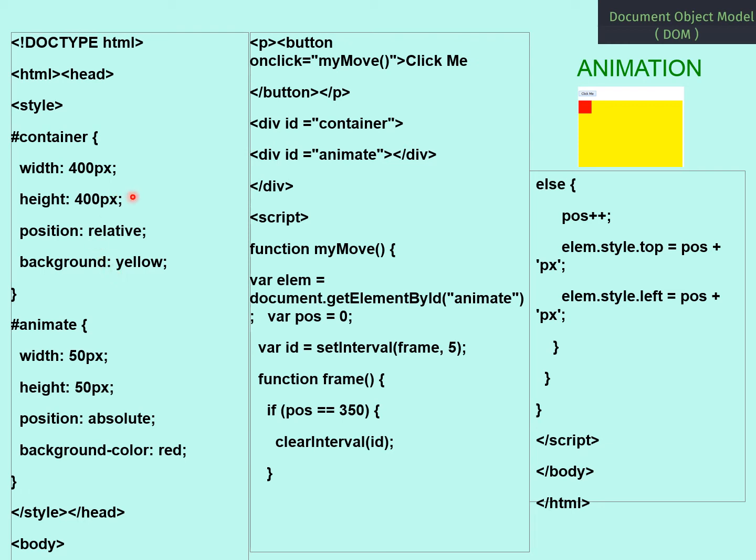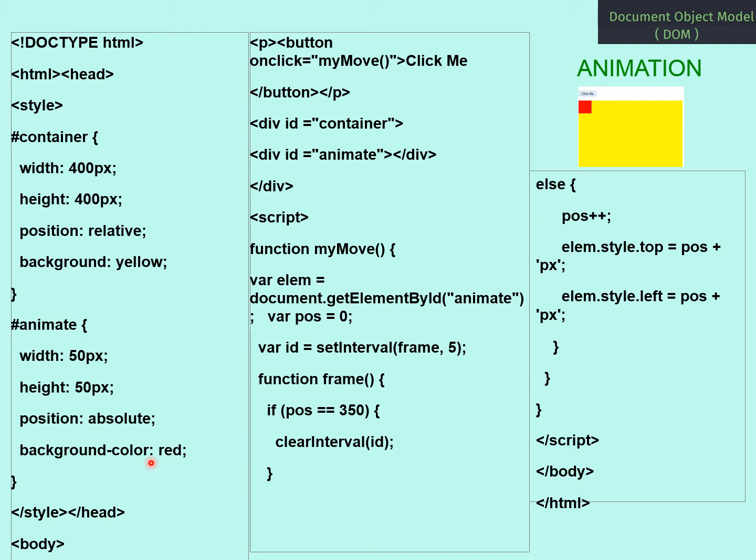So this is a style definition for the container. And for animate, we can see another style definition: width 50 pixels, height 50 pixels, position absolute, background color red. So in the head part, we included two style specifications, #container and #animate.